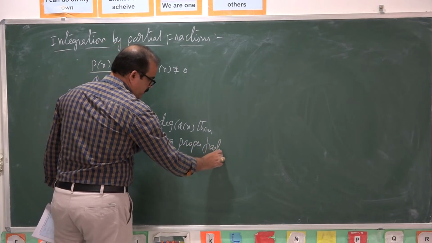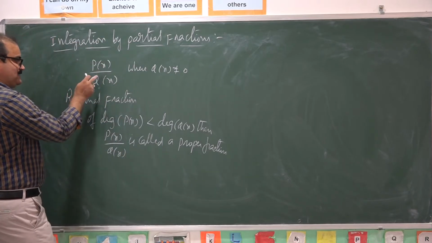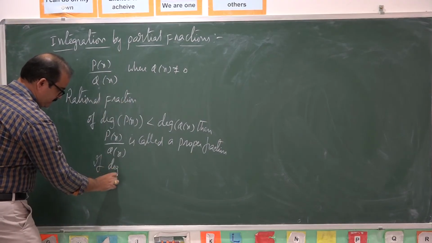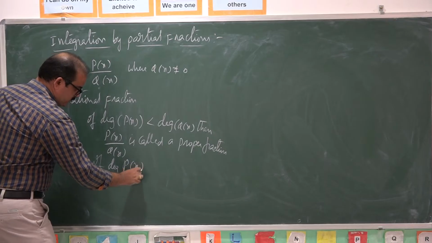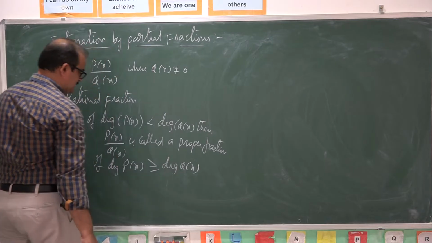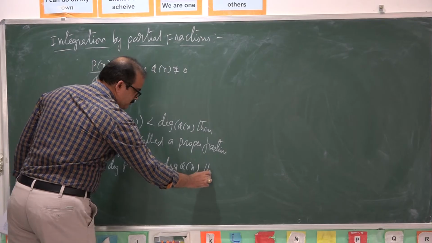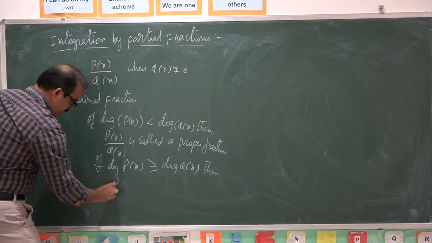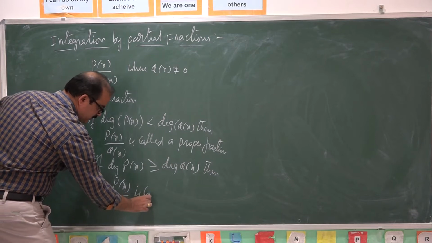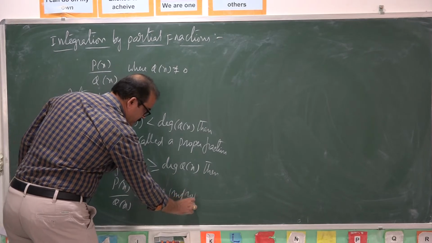If degree of p of x is greater than or equal to degree of q of x, then this p of x by q of x is called an improper fraction.